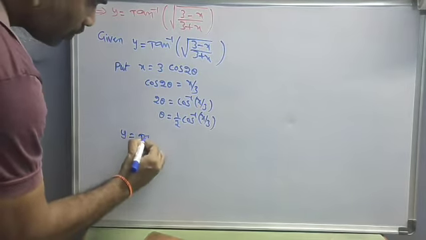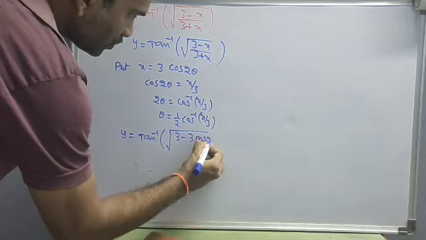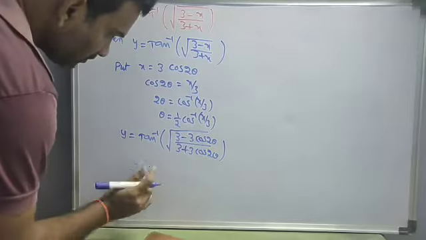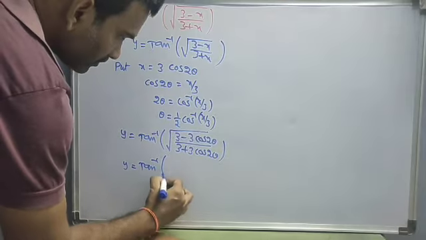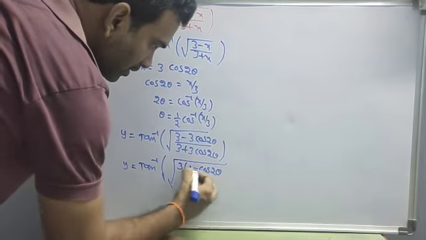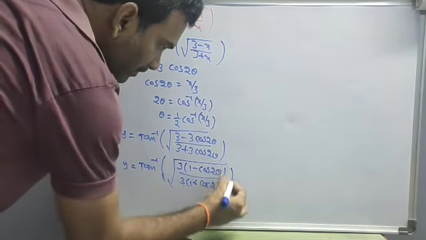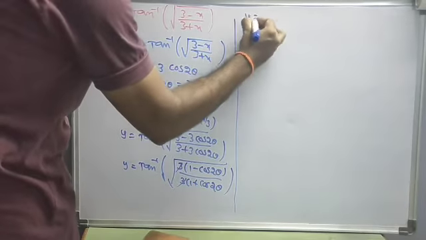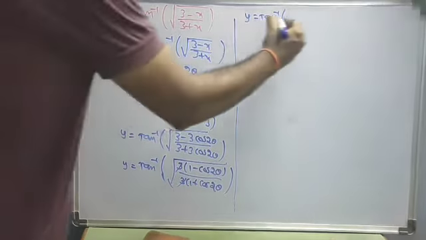So y equal to tan inverse of square root of 3 minus 3 cos 2 theta by 3 plus 3 cos 2 theta. So y equals tan inverse of square root of 3 into 1 minus cos 2 theta by 3 into 1 plus cos 2 theta. 3 gets cancelled. What is the 1 minus cos 2 theta formula?